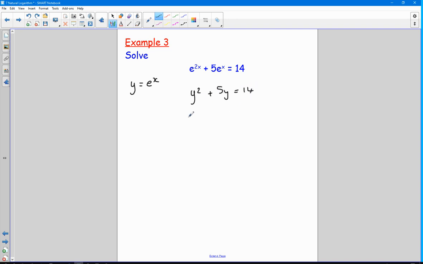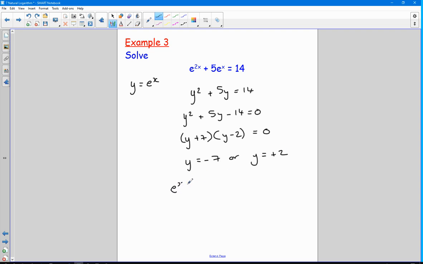And what we'd normally do is make one side equal to 0, like so, and then factorize. So we've got y plus 7 and y take 2. So we get y equals negative 7 or y equals positive 2.